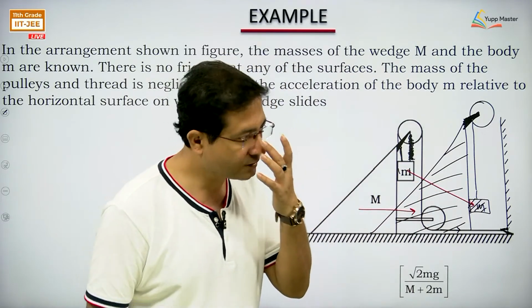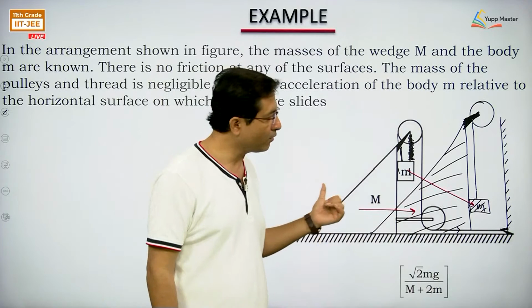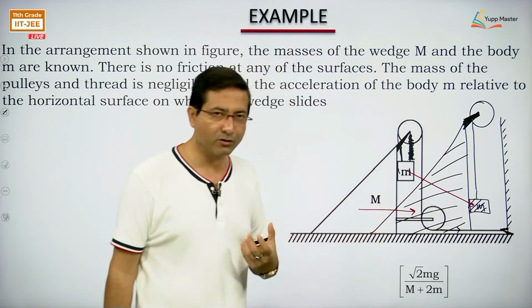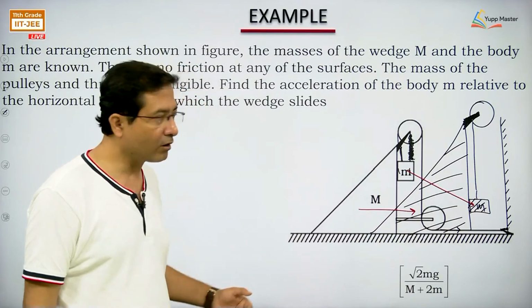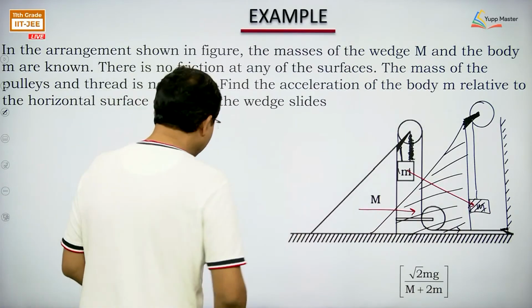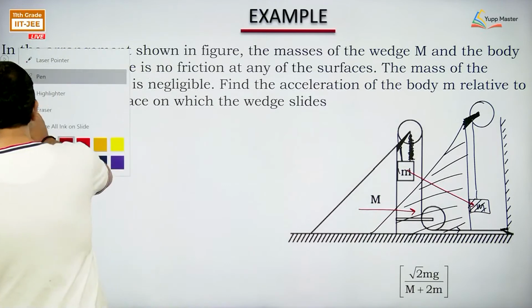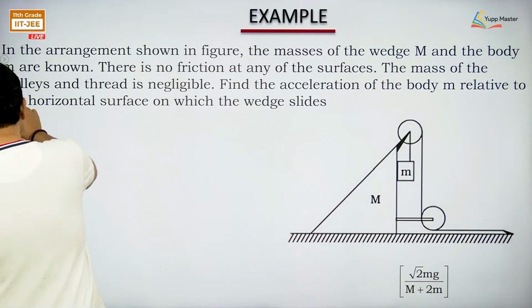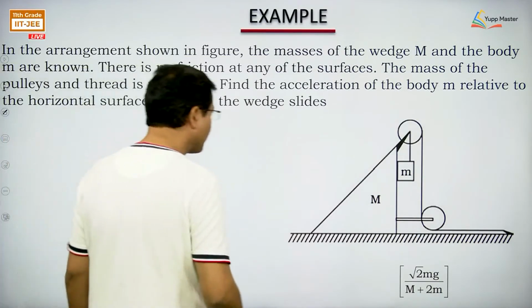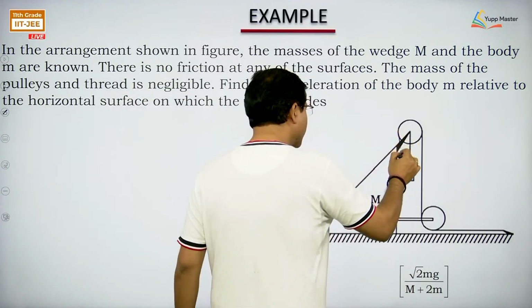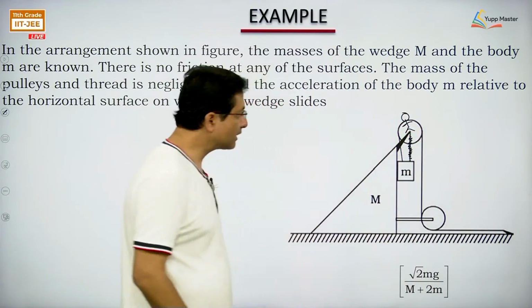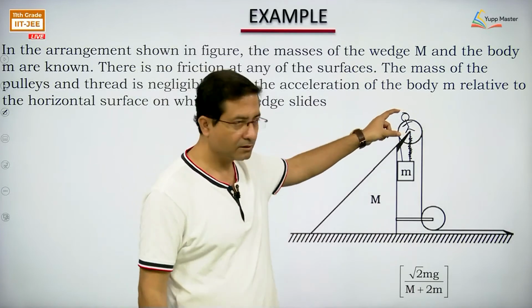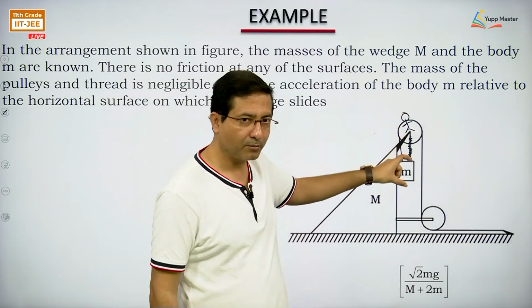As the motion of the block from the ground frame looks complicated, instead of observing the block from the ground frame, if I observe the block with respect to this frame, so standing here, if I observe the block, what I will observe is that the block is just going down.